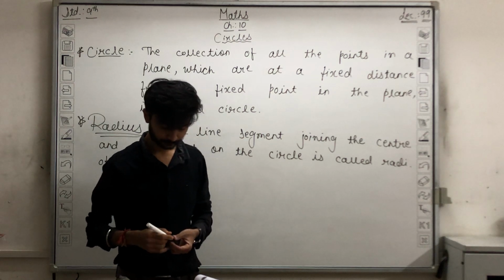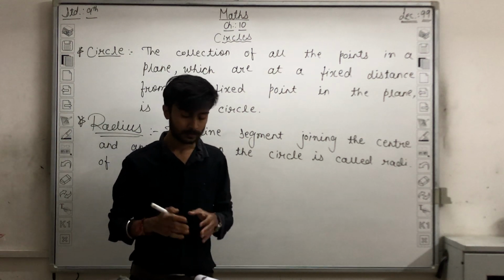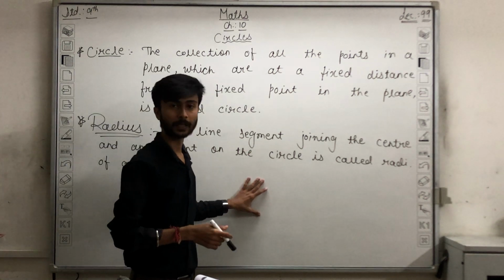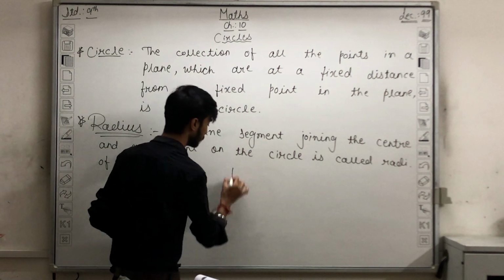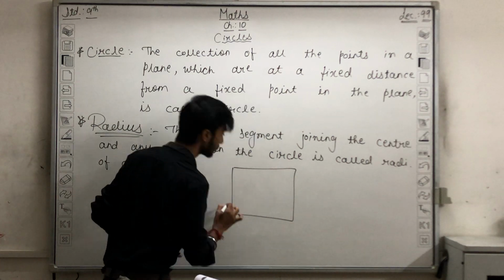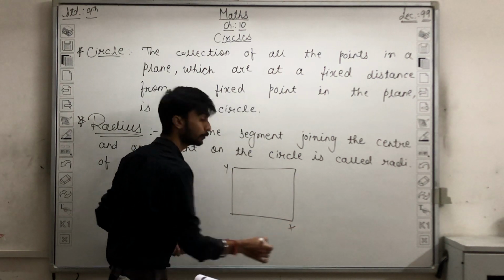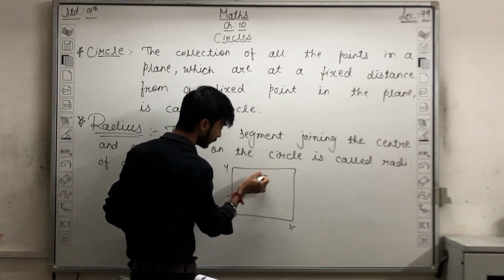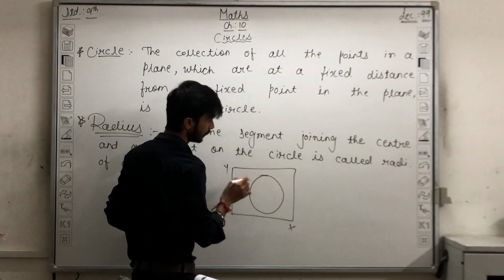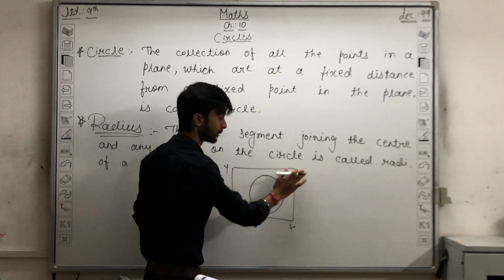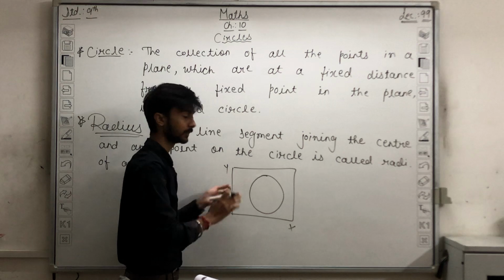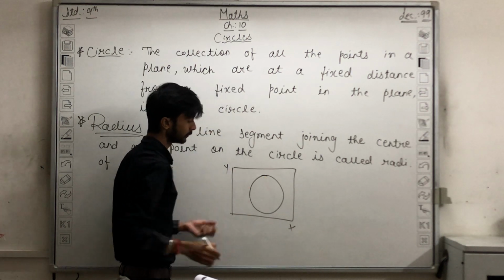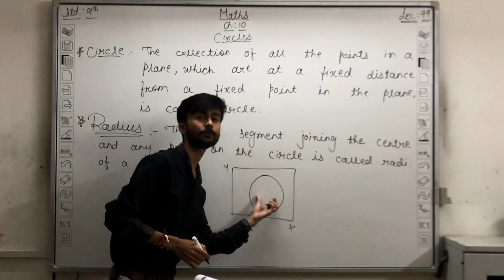Now, circle. If this is a 2-dimension plane, suppose this is a plane x and y. Suppose this rectangle shape is a page, and you cut out a circle form from that.